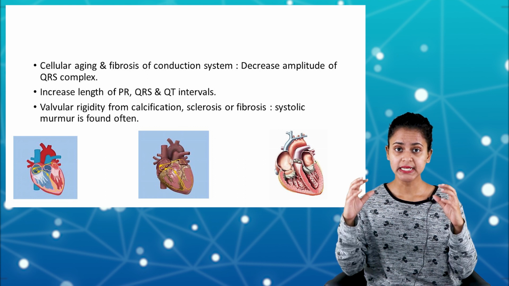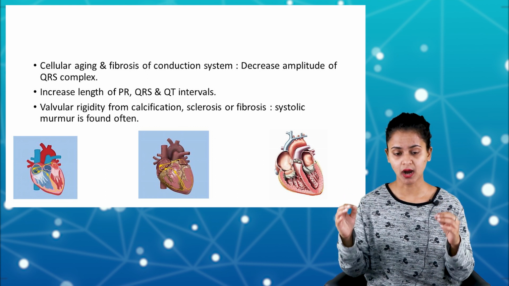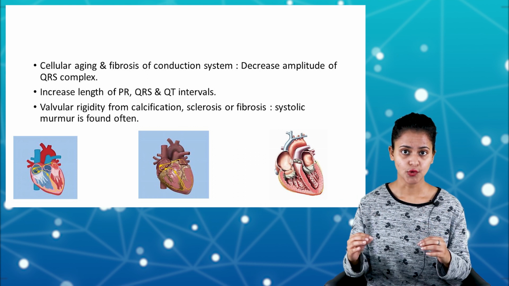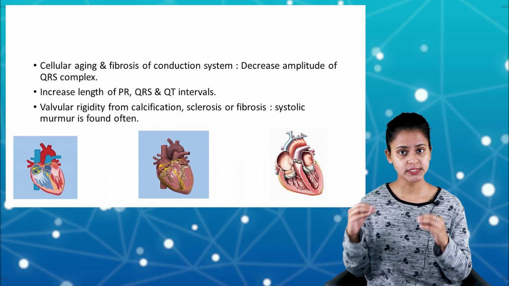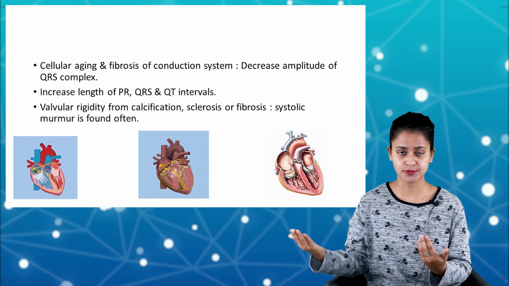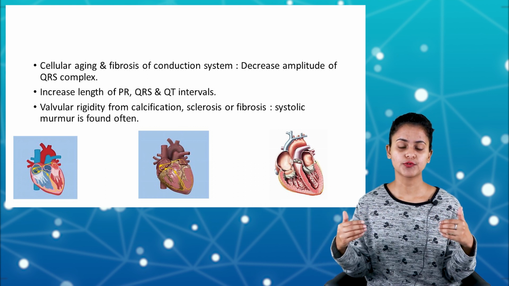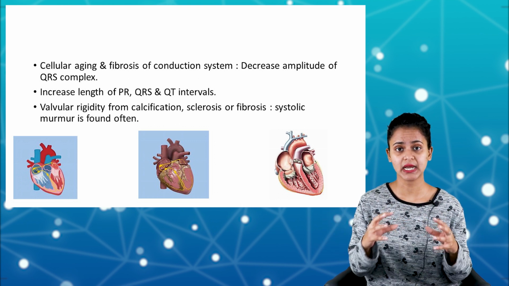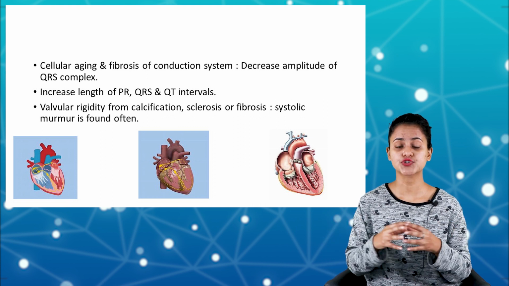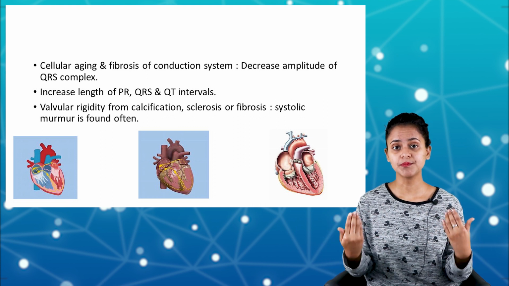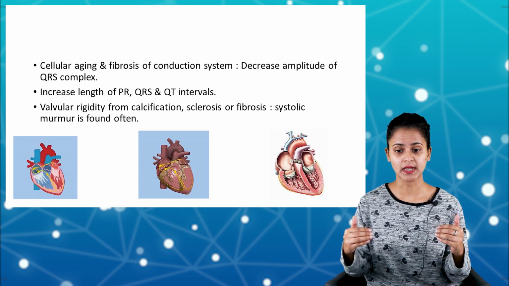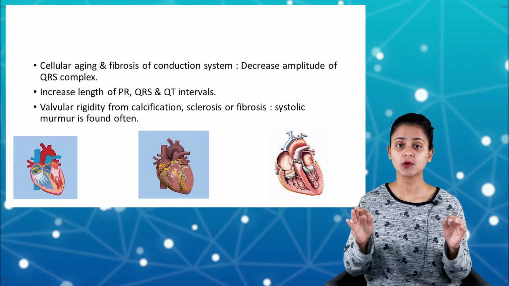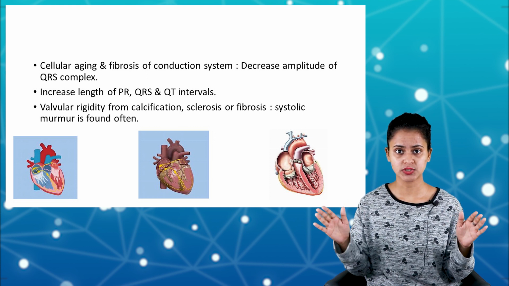There will often be increased length of the PR, the QRS, and the QT interval visible among individuals with the aging process. Valvular rigidity often would be seen among clients with old age because of the calcification. There can be presence of sclerosis and fibrosis even, which will often cause the development of systolic murmur among the older individual.